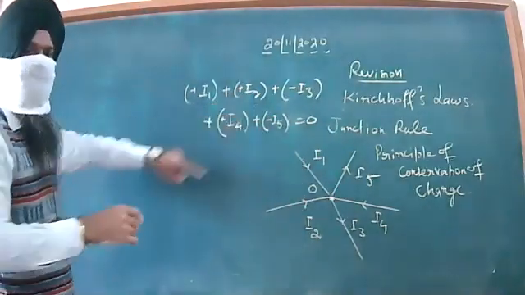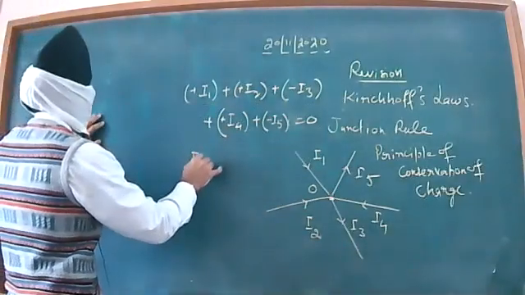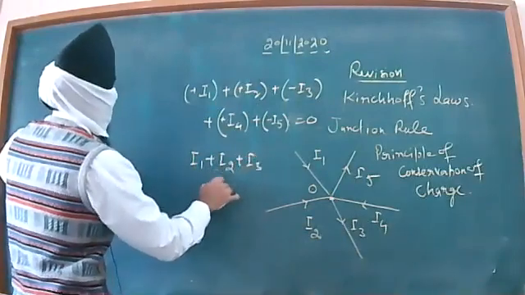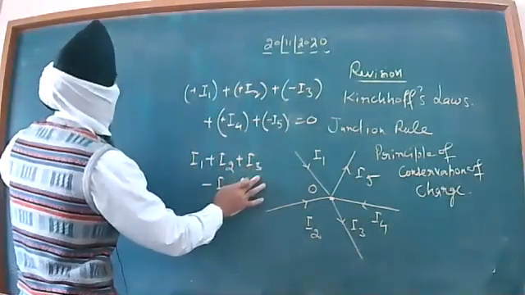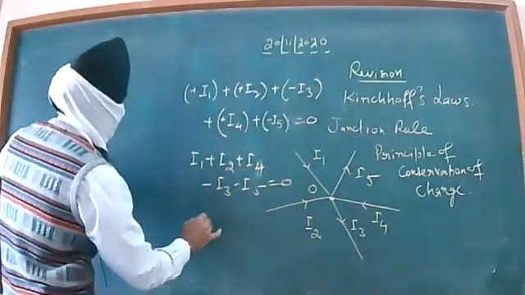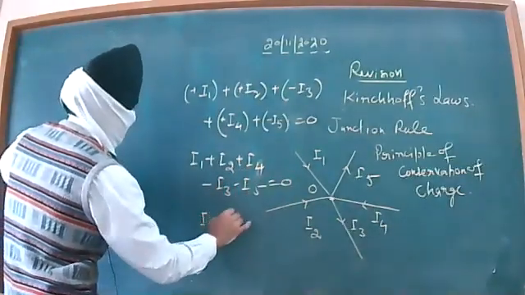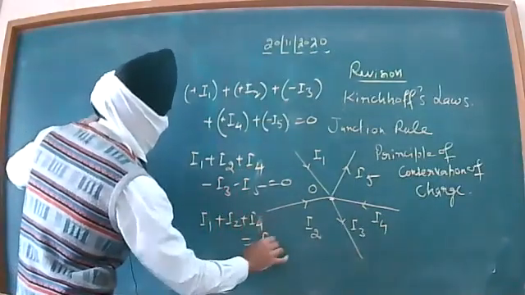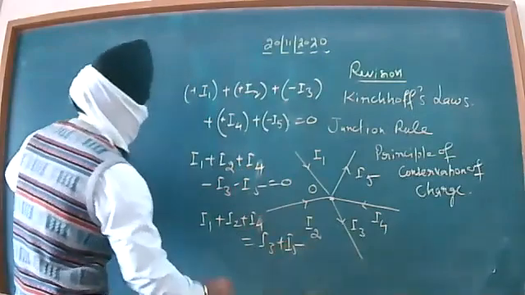If I modify this expression, I will have I1 plus I2 plus I4 minus I3 minus I5 is equal to 0. Here I1 plus I2 plus I4 is equal to the sum of I3 and I5.